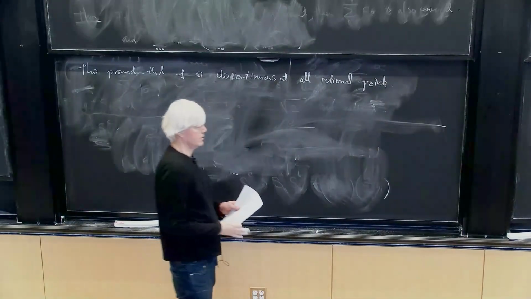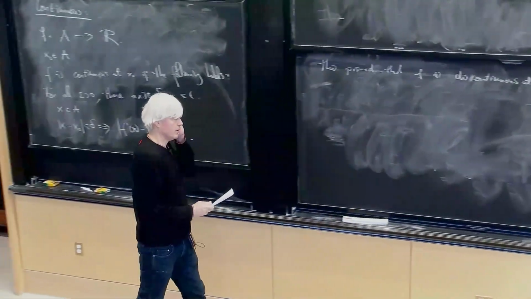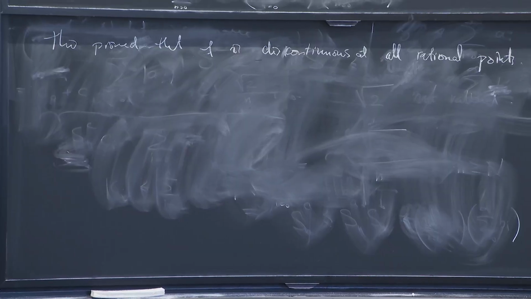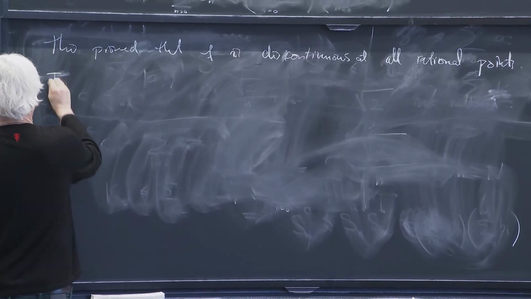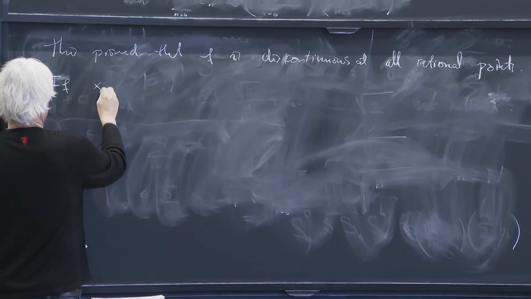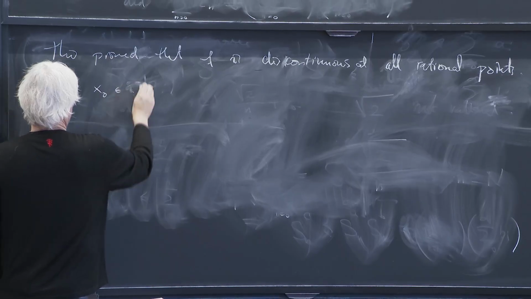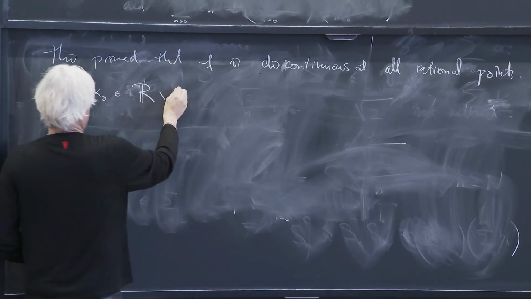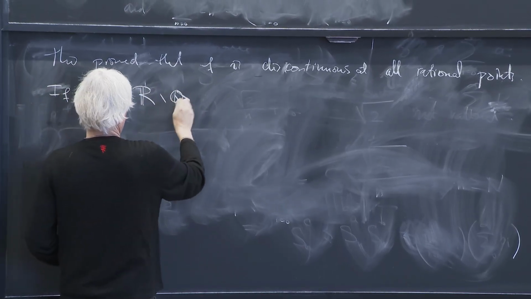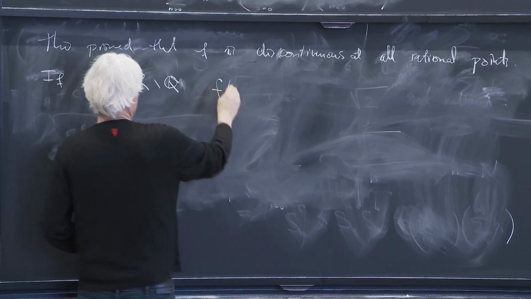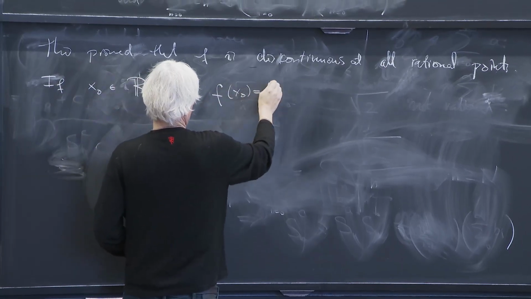Now let's prove that it's discontinuous at all irrational points. So if x0 here is irrational, then we have, of course, that f of x0 is equal to 1.